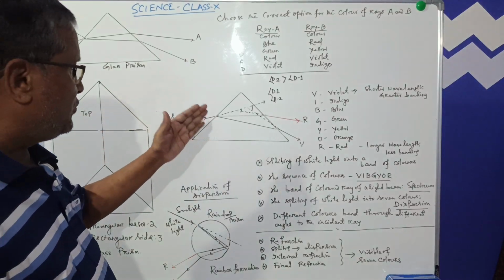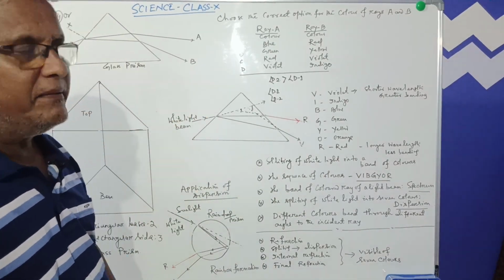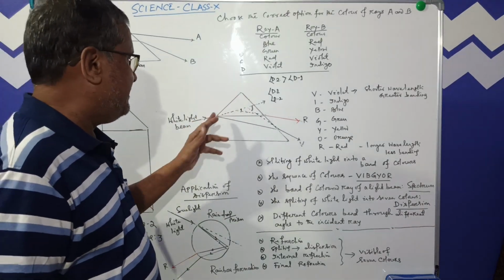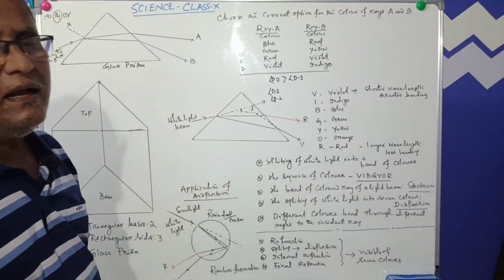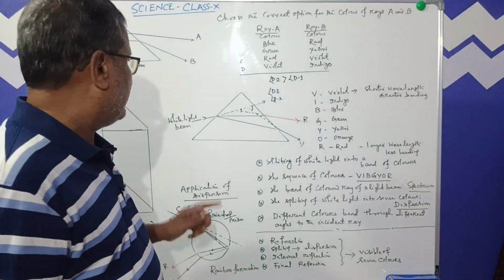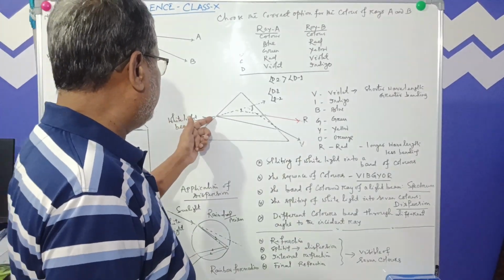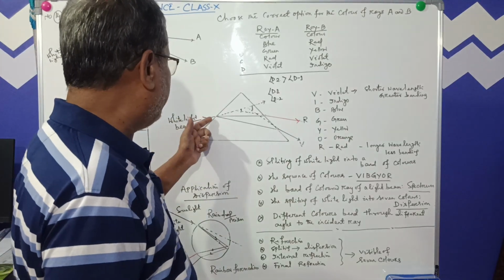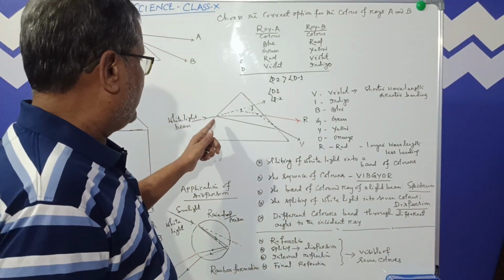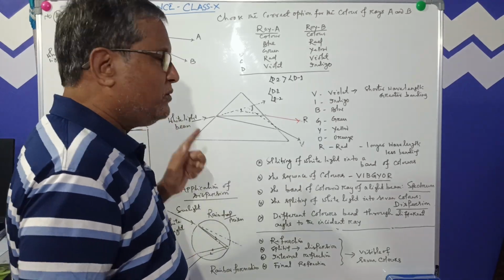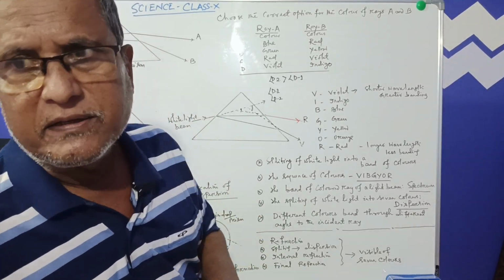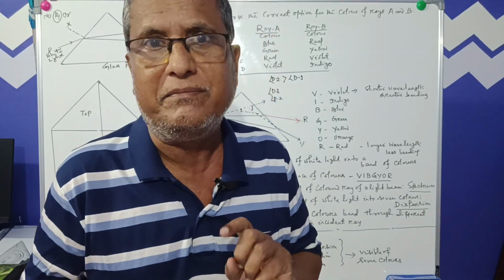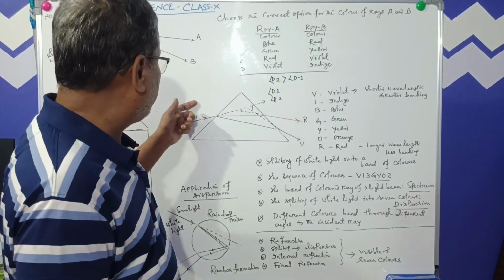Now let us come to this diagram, and simply a prism is represented like this as a triangle. Now you see that is the incident ray, that is called white beam of light. So you know light travels in a straight line in a given medium. Now this is air medium.